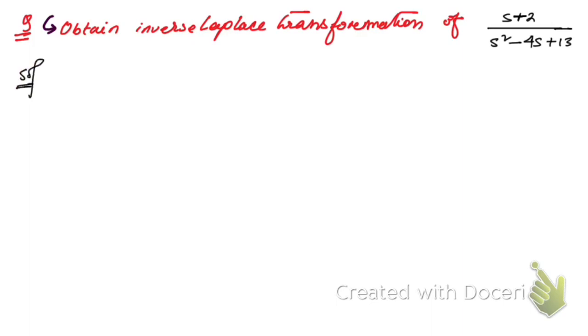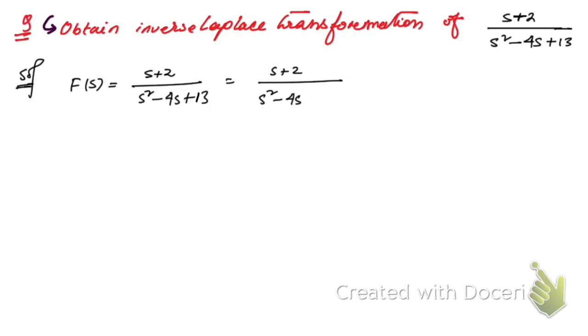So here capital F of s is s plus 2 over s square minus 4s plus 13, right? So now what we can do here, s plus 2, so s square minus 4s plus 13 can be written as s square minus 4s plus 4 plus 9, right?